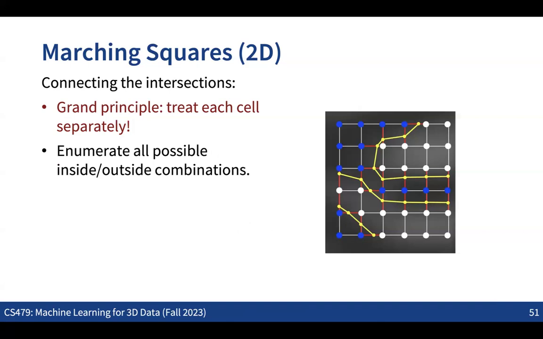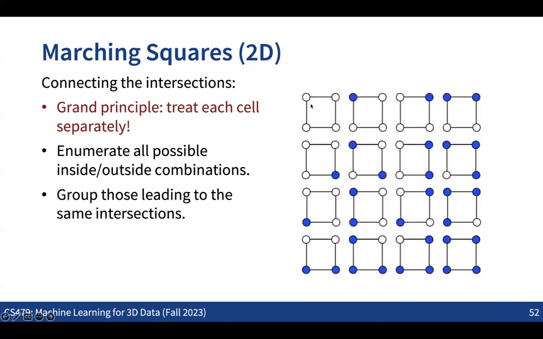We can consider all the possible cases where each of the four corner points of each 2D cell is either inside or outside. So if we consider all possible combinations of inside and outside for all the corners, how many cases do we have?